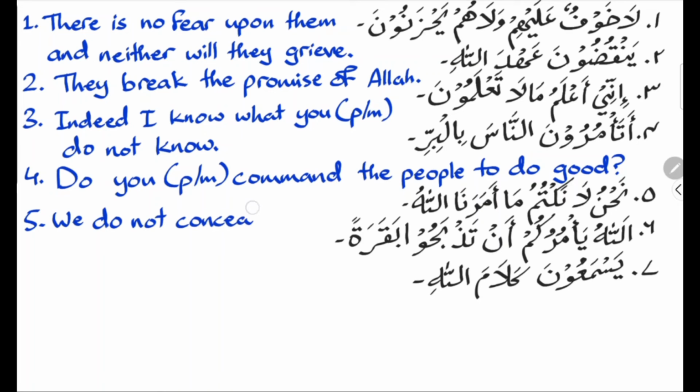Ma amarana Allah, that which amara, ordered, na, us, Allahu, Allah. And Allah is the fa'il of amara, which is to command. So what? That which Allah has commanded us.